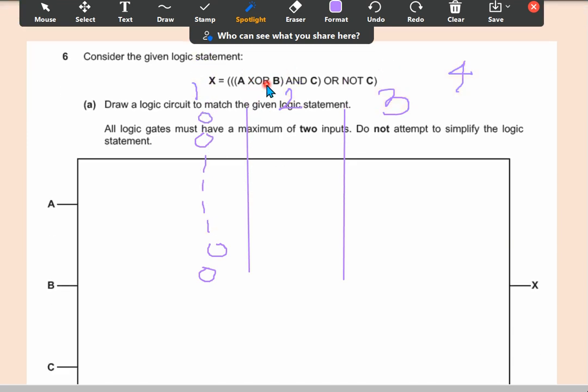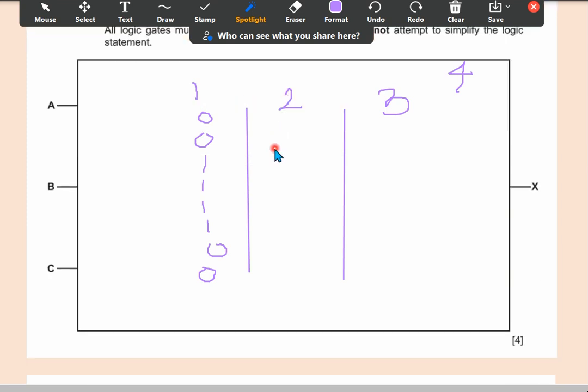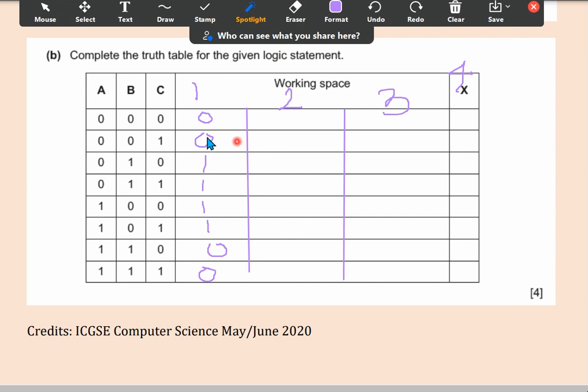All right, the next one says the A XOR B and C, meaning whatever you have for the A XOR B here, just have the AND logic statement for the C. This is your A XOR B, the output of the first gate. Just combine that with the C input and get the AND gate, so get the products.